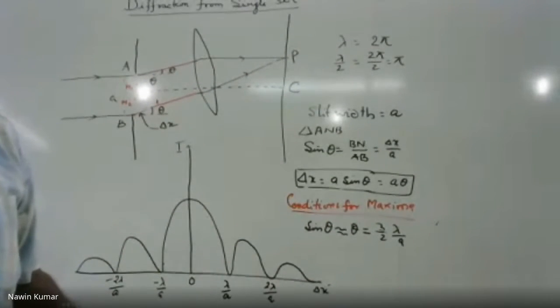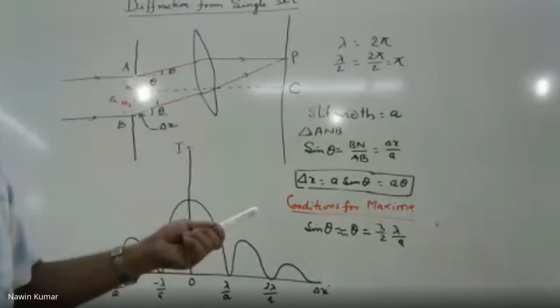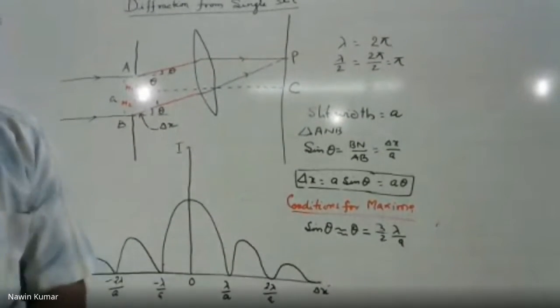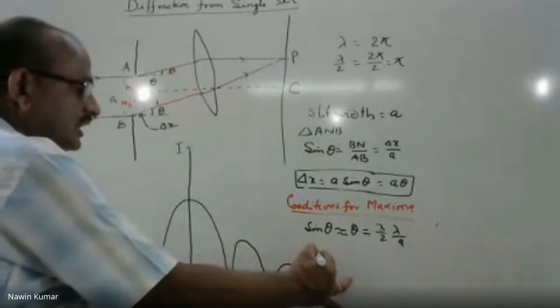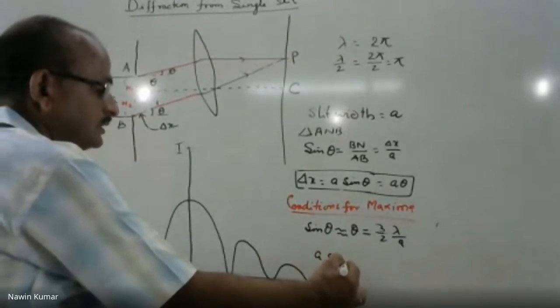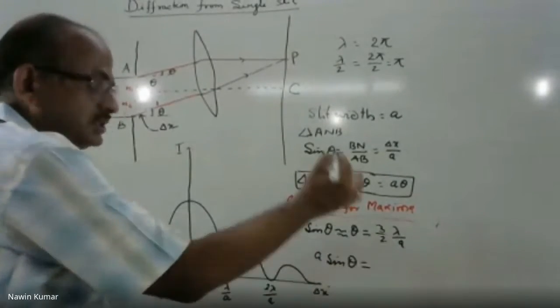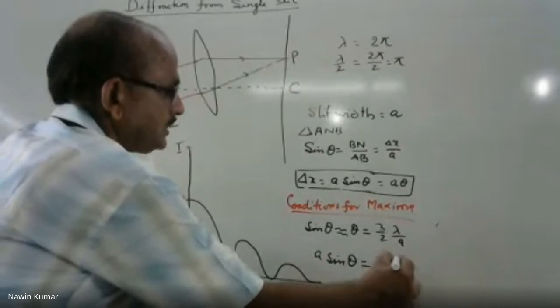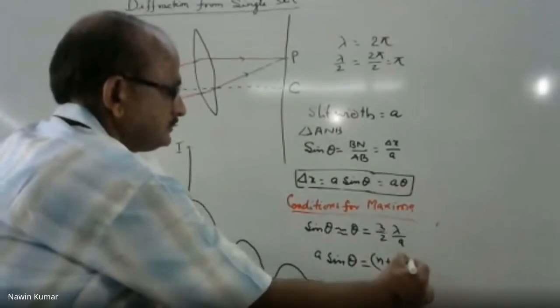So in general, we can say that the path difference a sine theta, in general form, is equal to n plus 1 by 2 lambda.